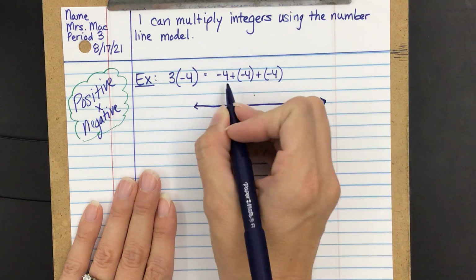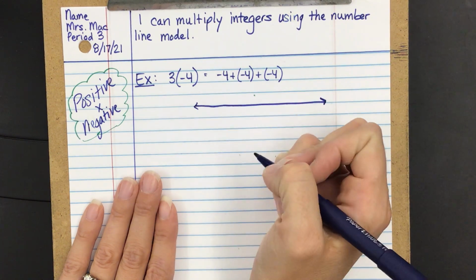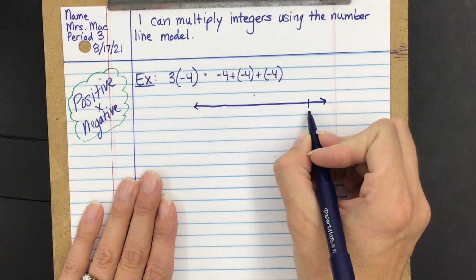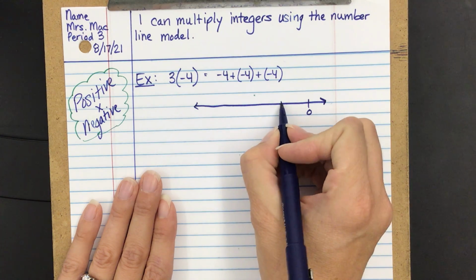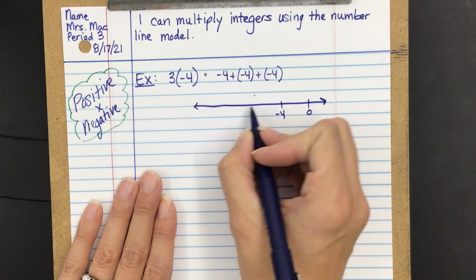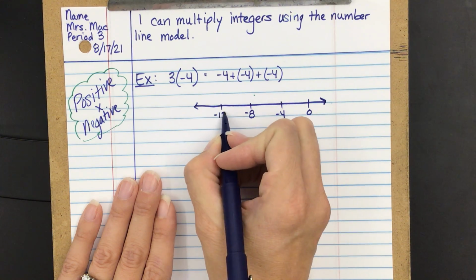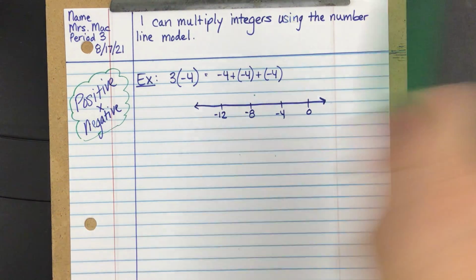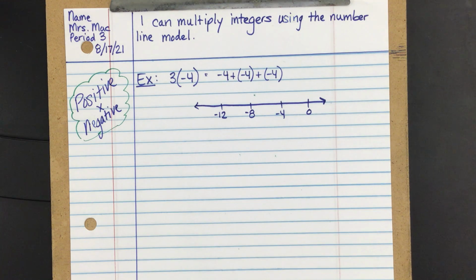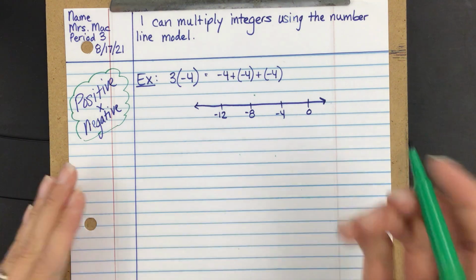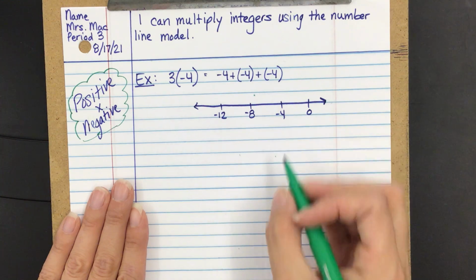So basically we're going to go -4 3 times. So if we start at 0, we'll go -4 once, we'll go another -4, and another -4. Okay. So for these ones, you don't need to have every single number on your number line. It might just help to put the ones you need.